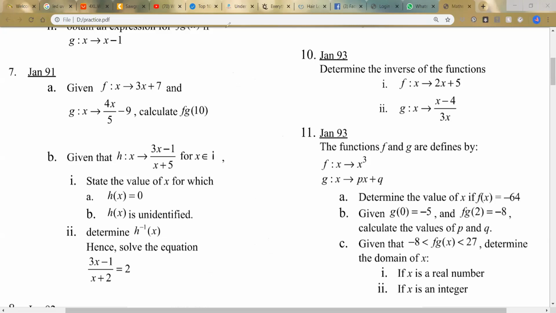No unnecessary movements. g equals 8, calculate the value. What P and Q? Oh, I feel like I should do this question.